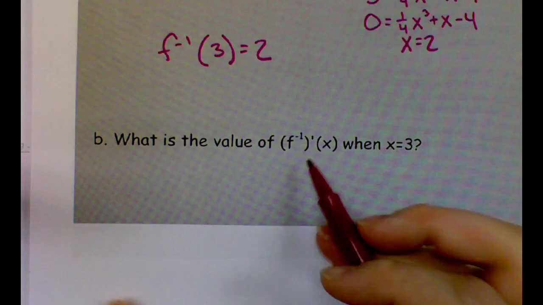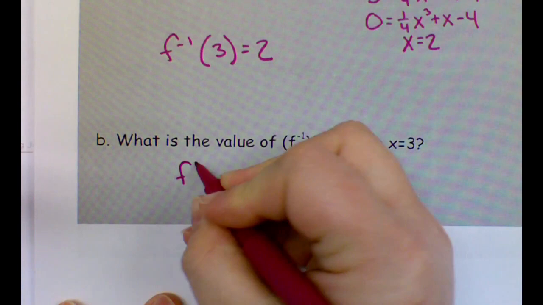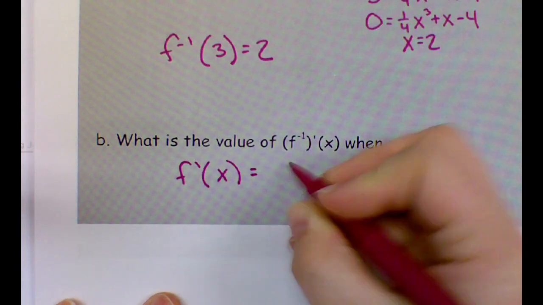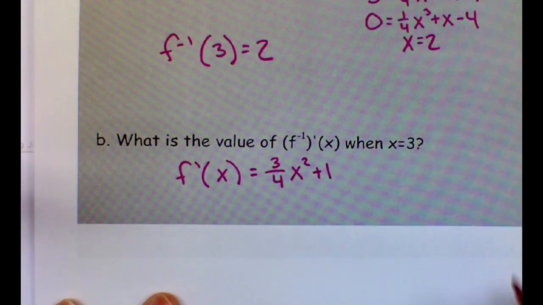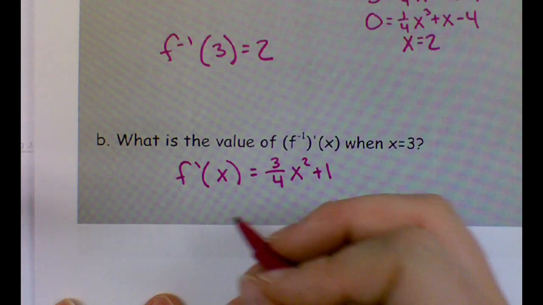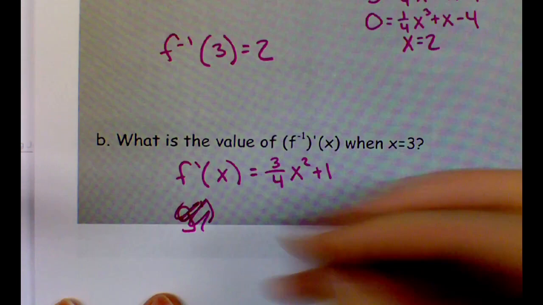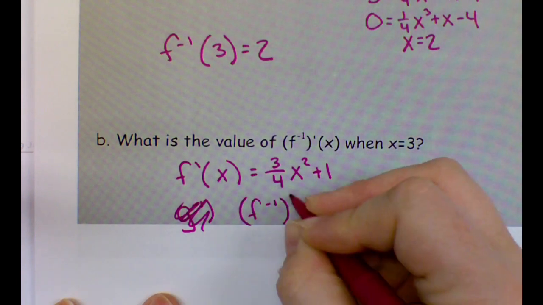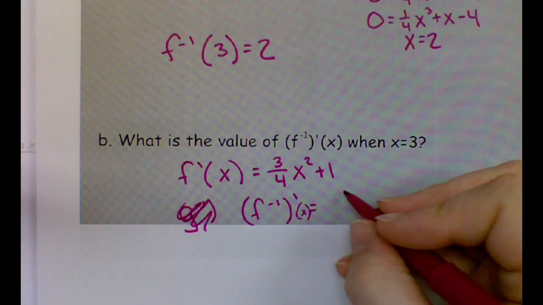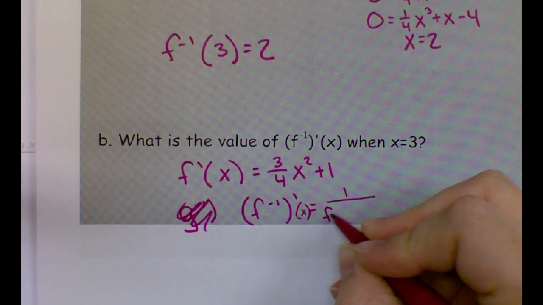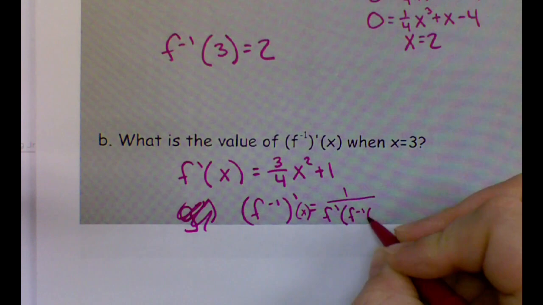The value of the inverse prime when x is 3. Well, let's find the derivative of the original function. Bring down the 3. I have 3/4 x squared plus 1. I know that the inverse prime of x will equal 1 over the derivative of the original at the inverse.